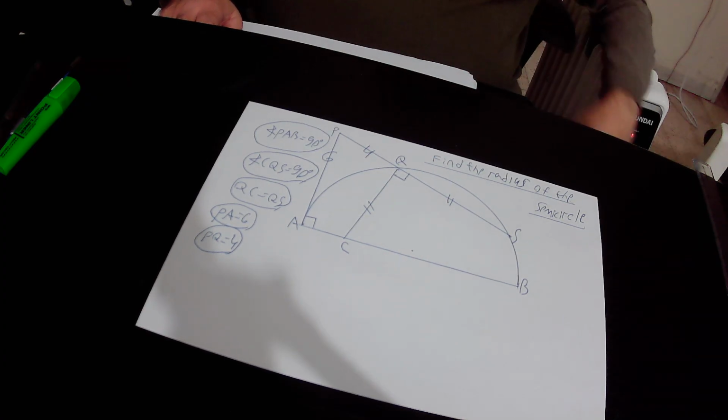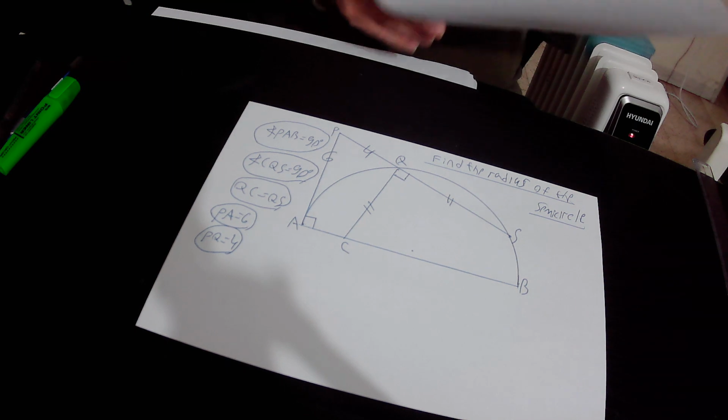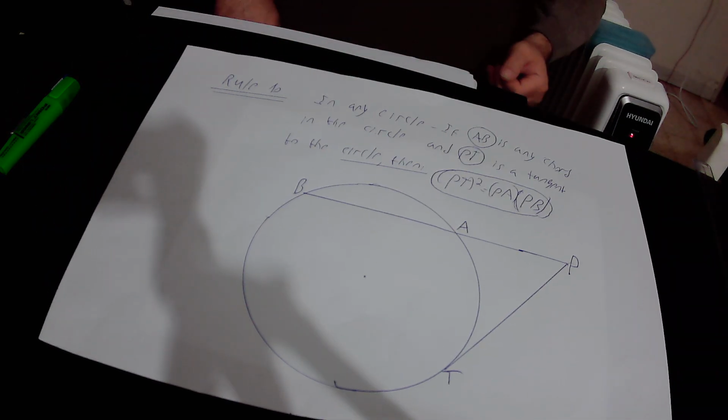So first of all, I will present to you a new rule, and we will implement the new rule in our drawing. We have here rule number 10. Rule number 10 is true in any circle.